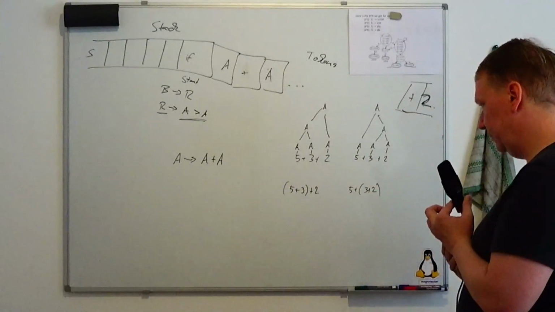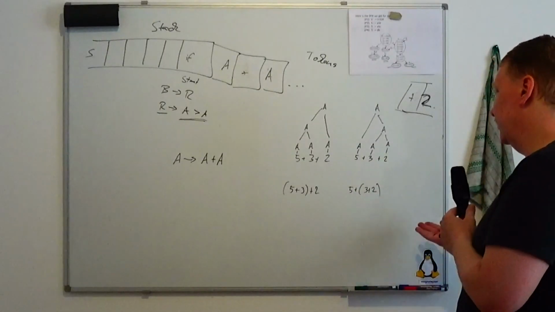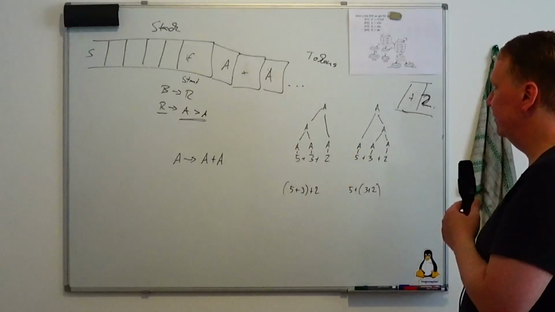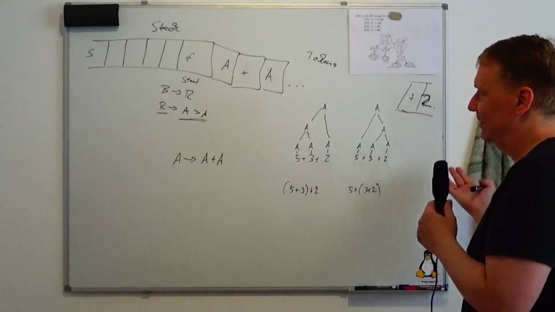So this would be a right associative plus. And in case of a plus, that doesn't matter because a plus is commutative anyways. So if we do this or this, it doesn't make a difference.